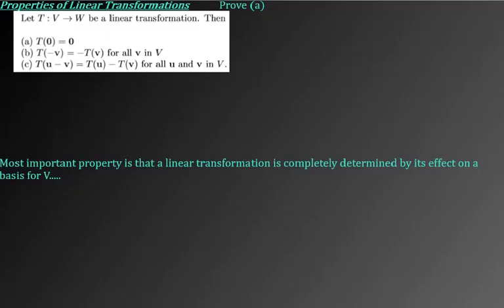All right, so these are just some corollaries to the definition of a linear transformation, and I want to prove the first one. I want to prove that a linear transformation, operating on the 0 vector, sends it to the 0 vector in the next space. The power of this is bigger than just the number 0 going to the number 0. Your spaces can be all sorts of things.